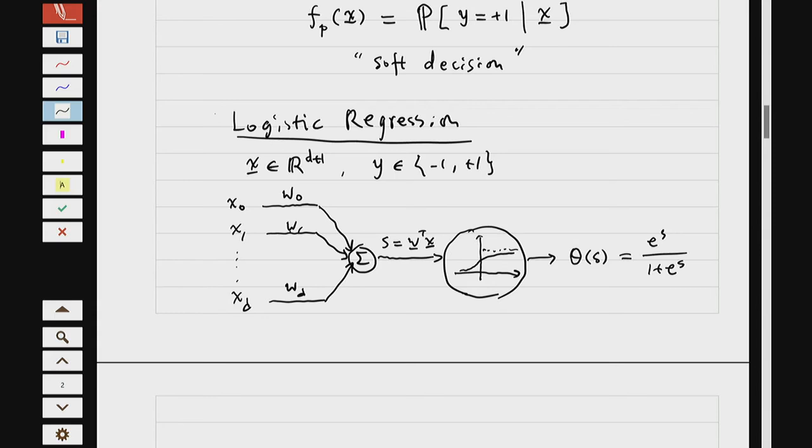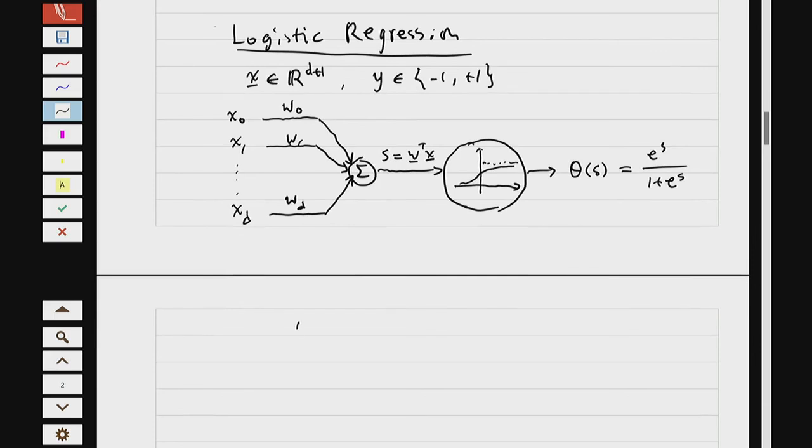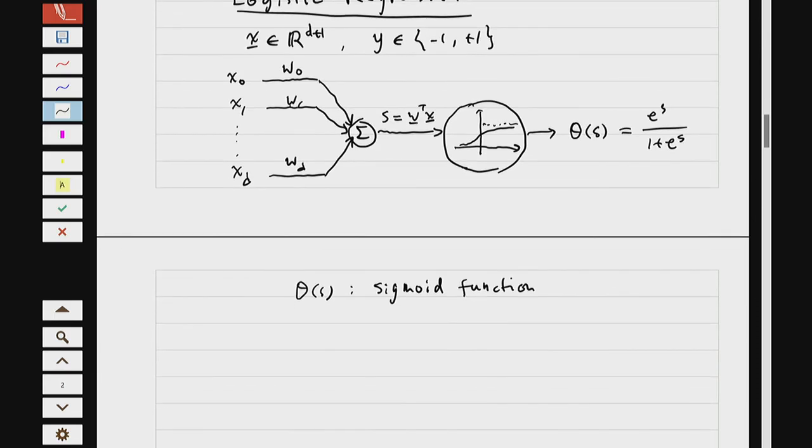This is called the sigmoid function. Sigmoid basically means it's S-shaped, as simple as that. Nothing mysterious about this term. It's a fancy way to say S-shaped function.